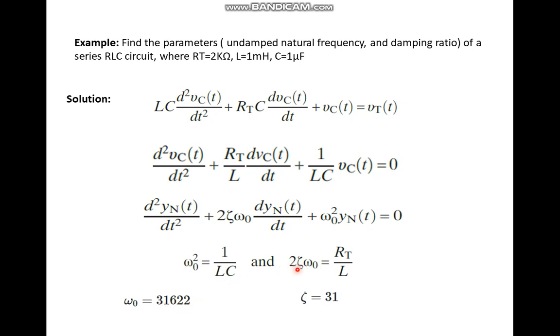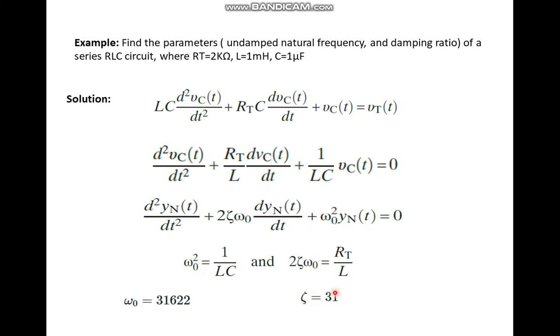Similarly, the damping ratio zeta is evaluated as RT over L times 2 times omega naught, which becomes 2 kilo ohm divided by 1 millihenry times 2 times 31622, the value of omega naught already obtained, and is equal to 31.